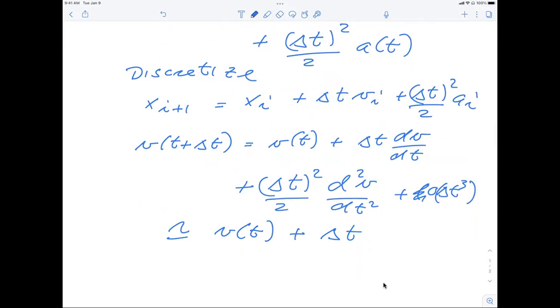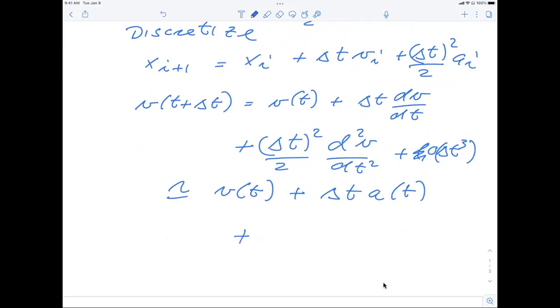Fantastic. So that is a of t. So we know that one, and that's which we should have from the forces. And then we would have a delta t squared divided by 2. And now we have the second derivative of v with respect to t.